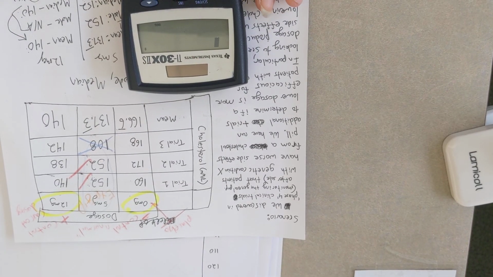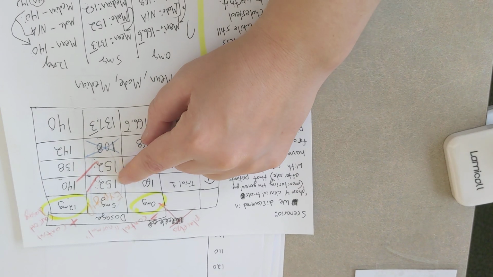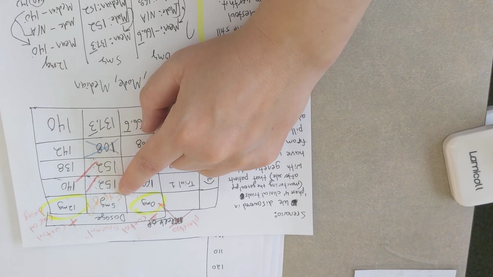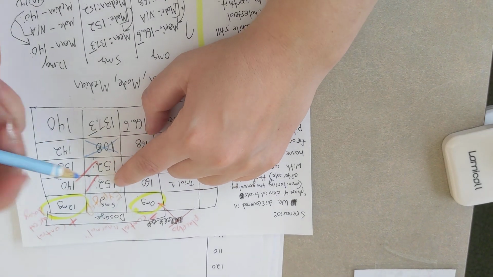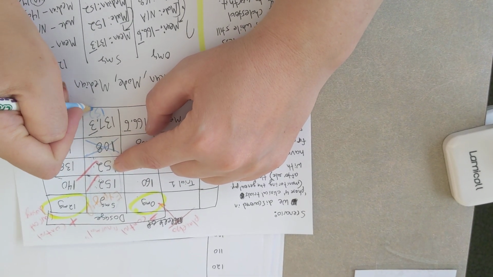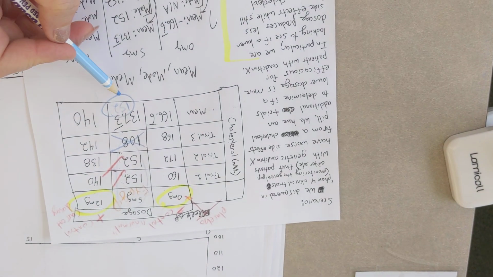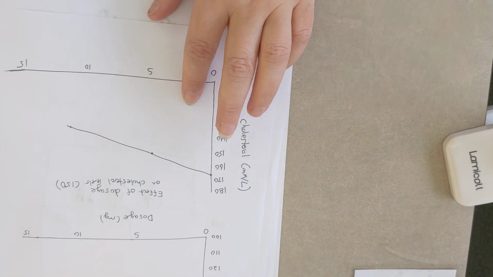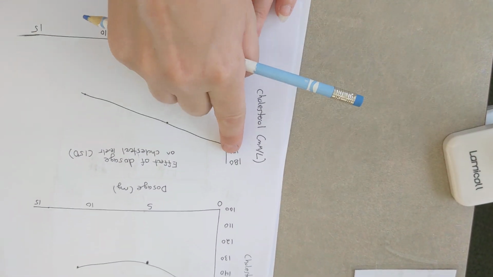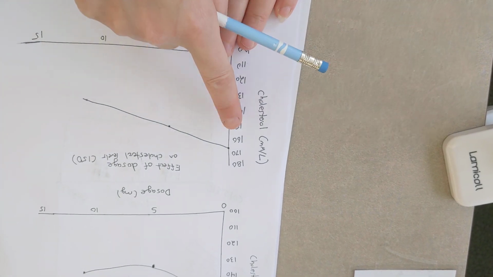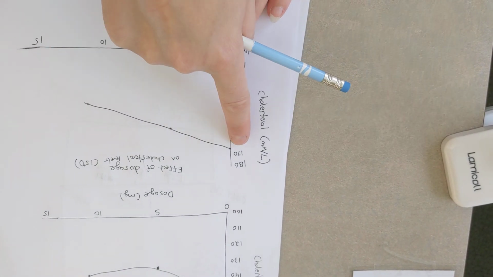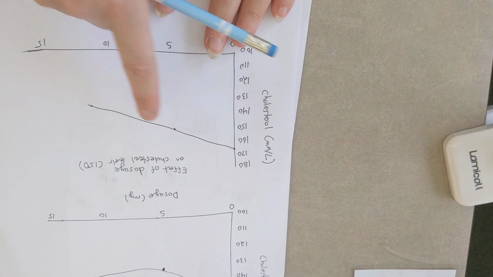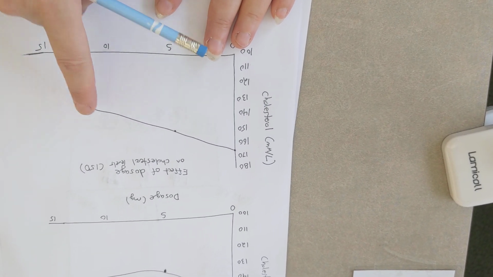And then you would recalculate your mean based off of what you've left in. I don't really have to do that because it's just 152, the same number twice. So my new mean when I exclude that outlier is 152. And when I graph that, we have a very clear trend line which shows that the 5 milligram dosage does lower the cholesterol, but it is not as good as the 12 milligram dosage.